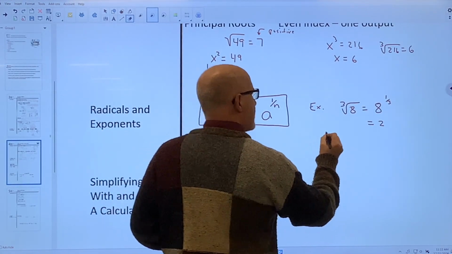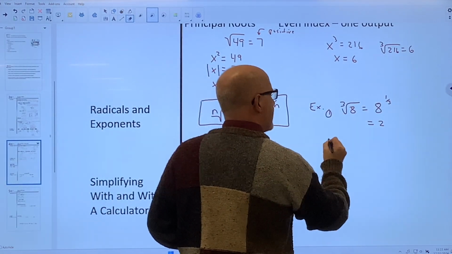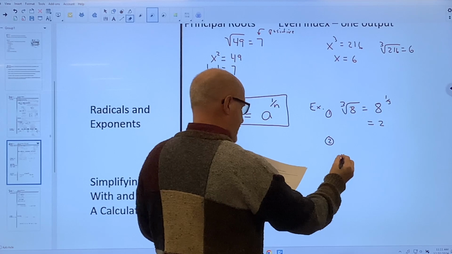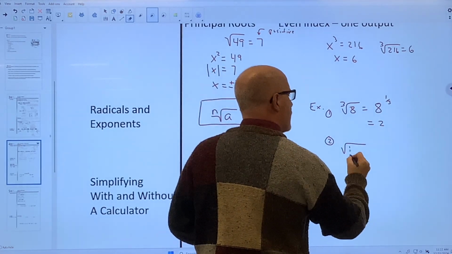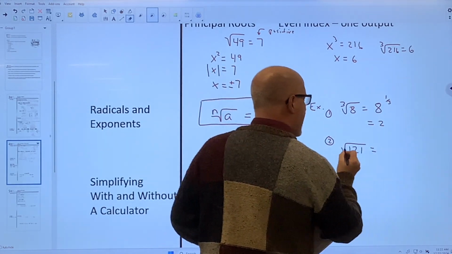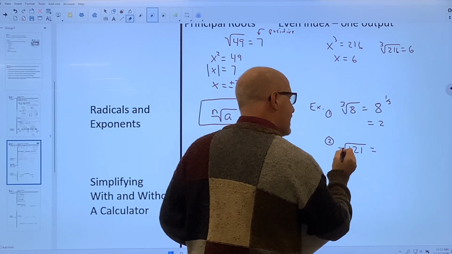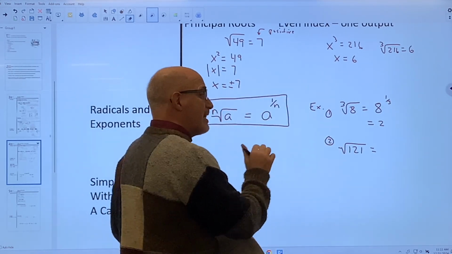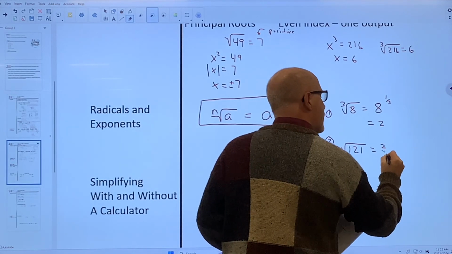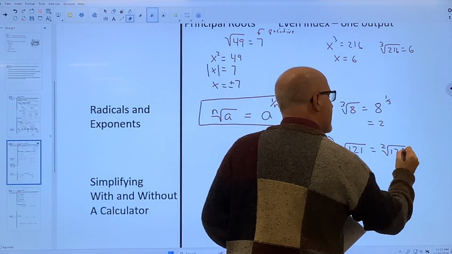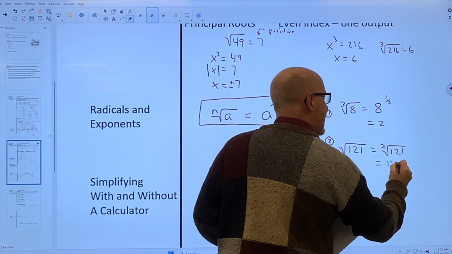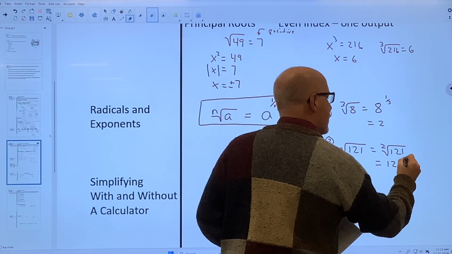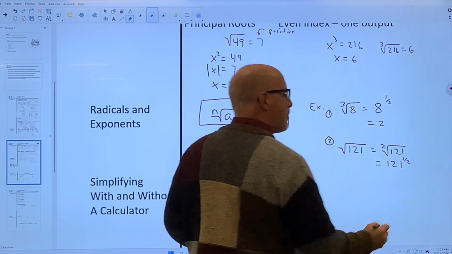All right, just another example. So this is example 1, example 2. If I did the square root of 121, just a reminder, what's implied is that on this little shelf here, which we haven't put a number, this is implied to be the square root of 121. So when you write it as an exponent, it's going to be 121 to the 1/2 power.